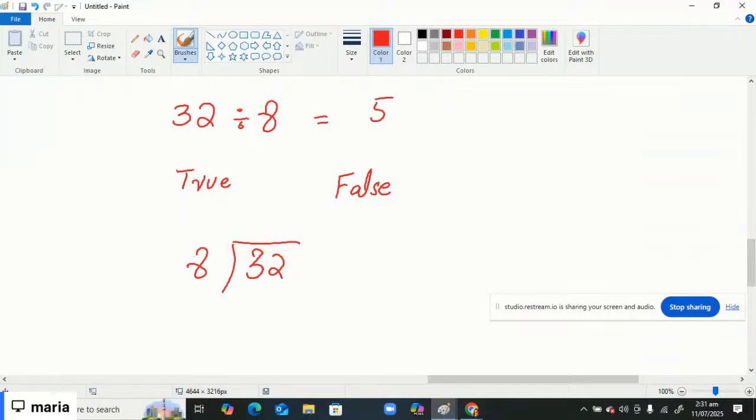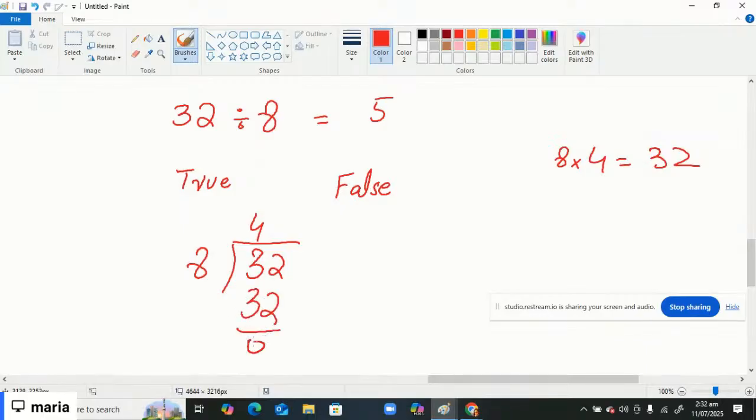So 8 times which number is closer to 32? According to the table of 8, 8 times 4 is 32. If you have not memorized it, then you write down the table from the start and then check your answer. Okay. 8 times 4 is 32.